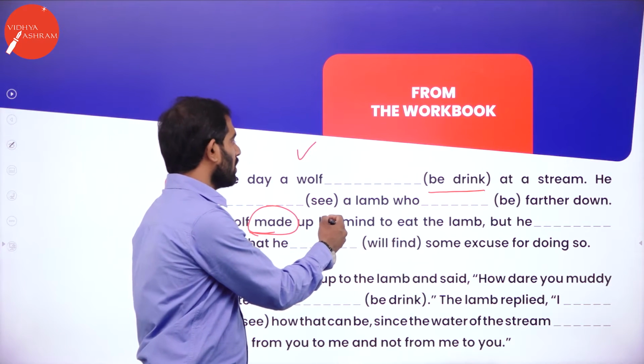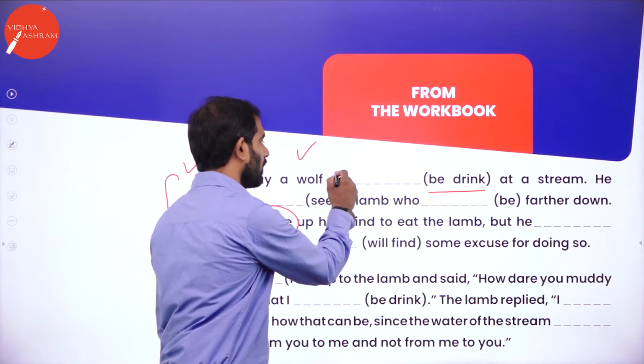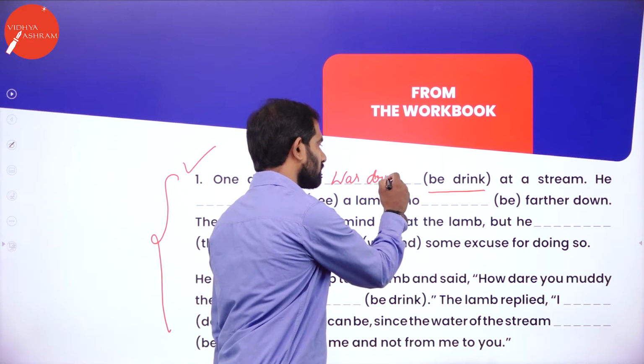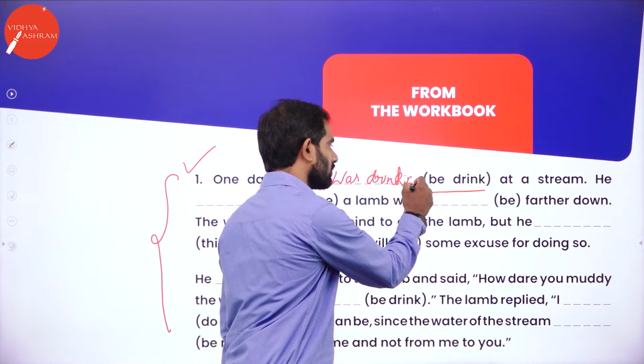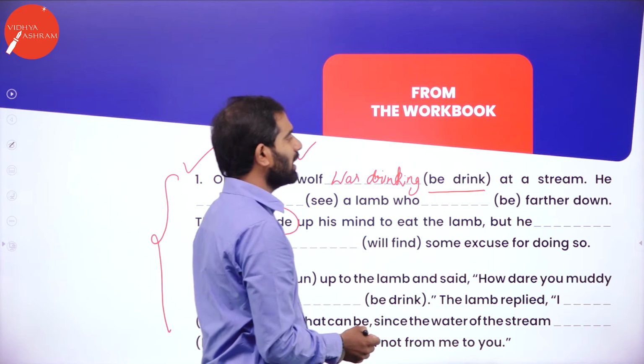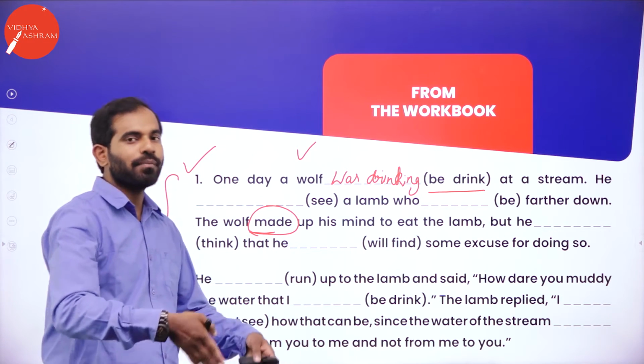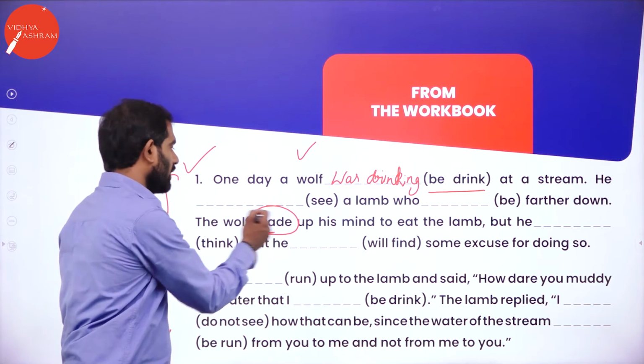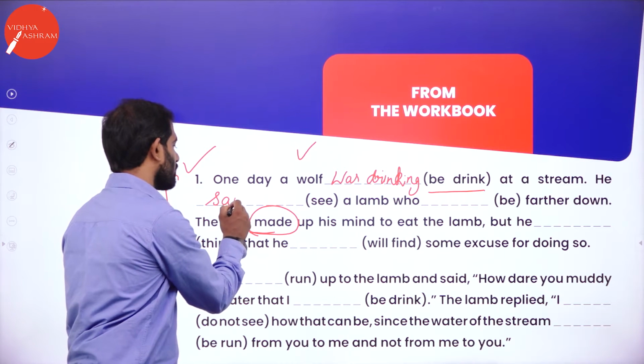One day, a wolf, B form, was drinking at a stream. So stream, a running channel, a water channel. He, C becomes saw.